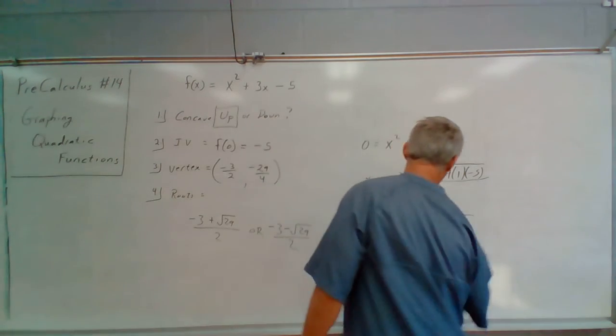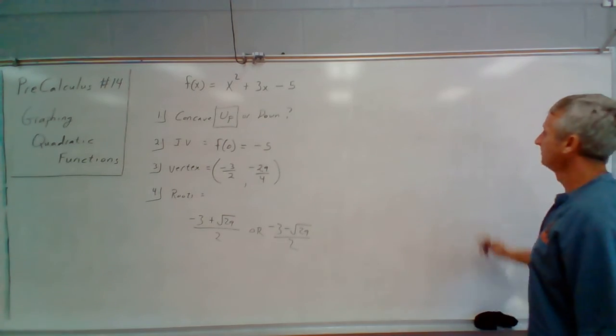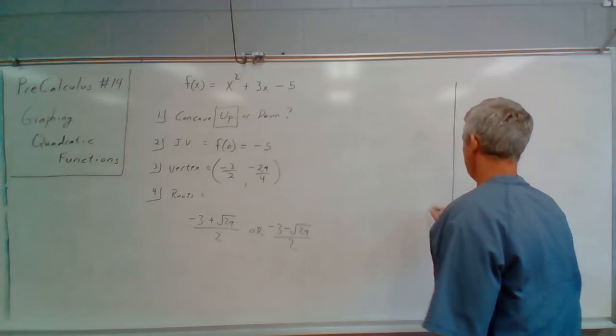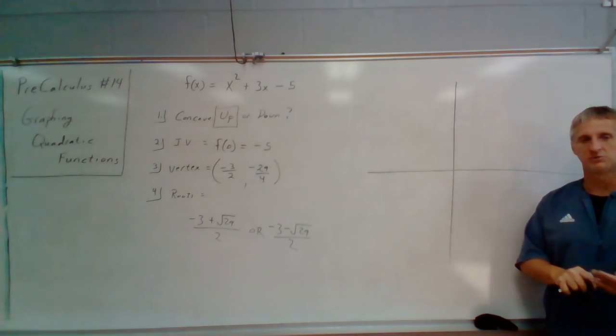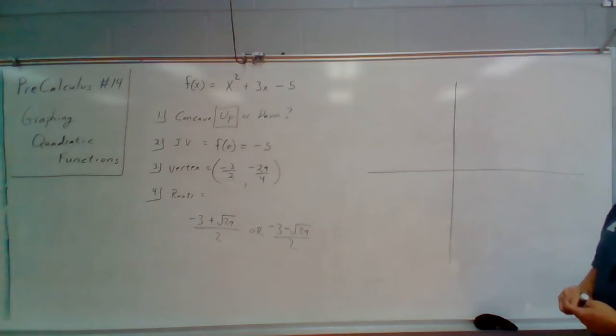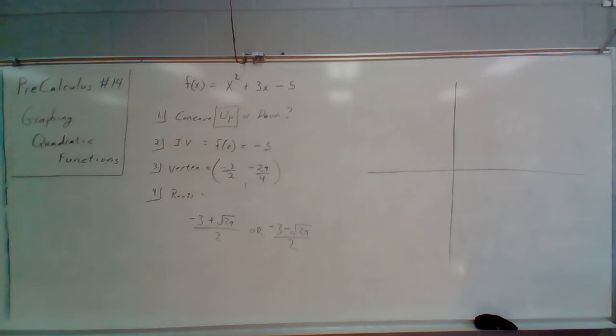All right, let's make us a graph. Anytime I say graph it, you should always have the initial value, the 2 roots, and the vertex. All right, my roots are at negative 3 plus the square root of 29 over 2.